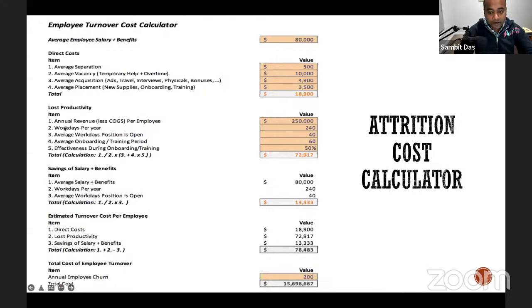But we also wanted to understand the indirect, the loss of productivity costs. So what does this mean? Based on the company statements, there is an annual revenue published by the company every year. So what I was doing in this case was I took that revenue data and equated it for each employee in the organization.